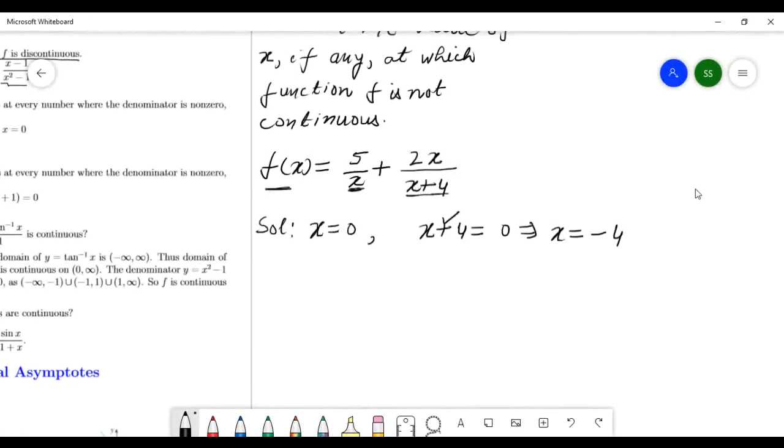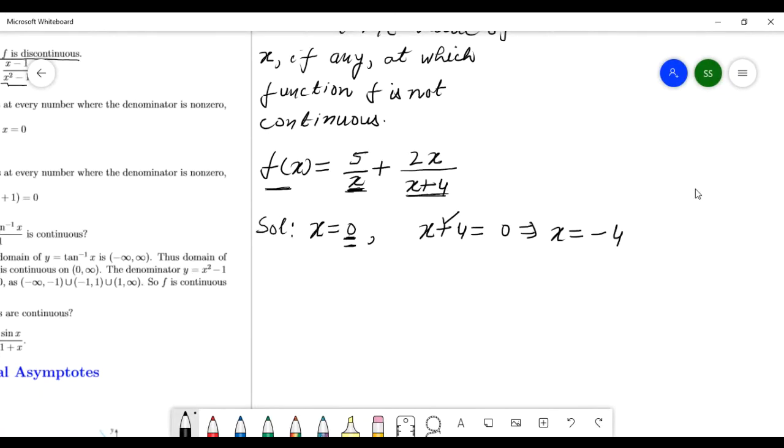So this function is not defined at x equal to 0. But if this one is 0, then this will be 5 by 0, undefined. So at x equal to 0 it is undefined, not defined. It means x equal to 0 is not present in the domain of this function.